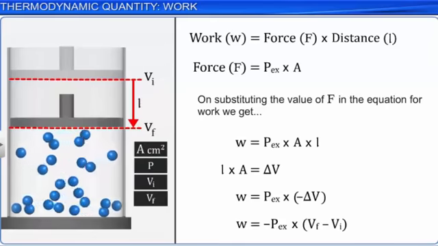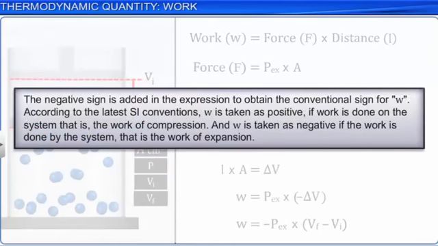The negative sign is added in the expression to obtain the conventional sign for W.